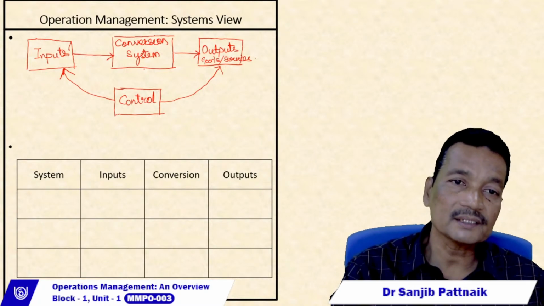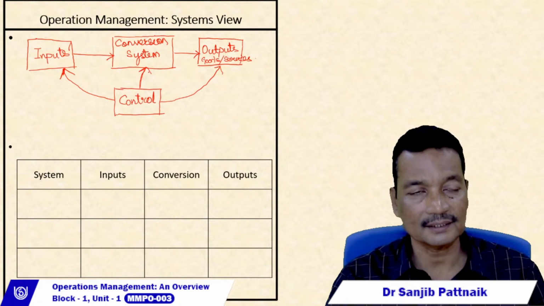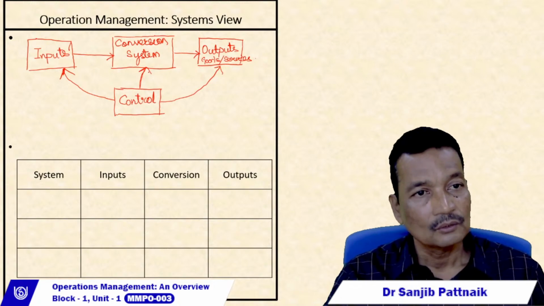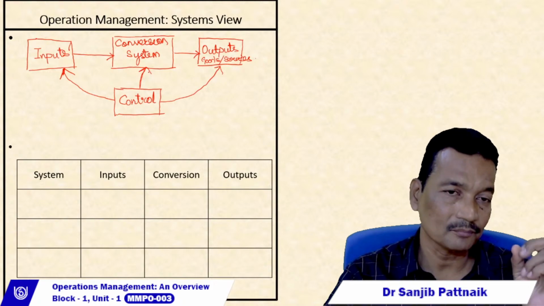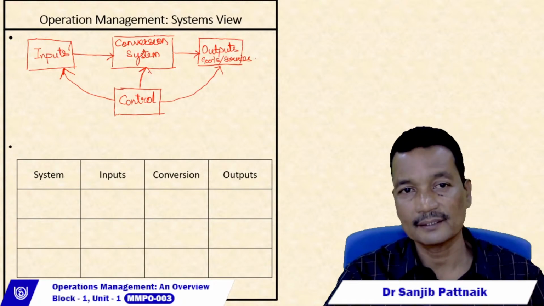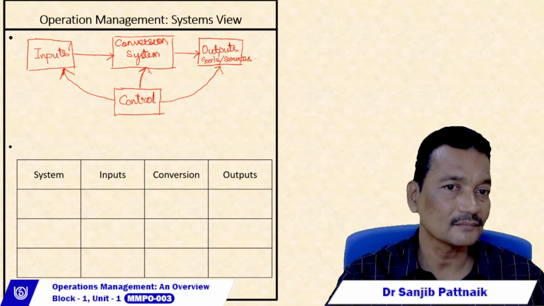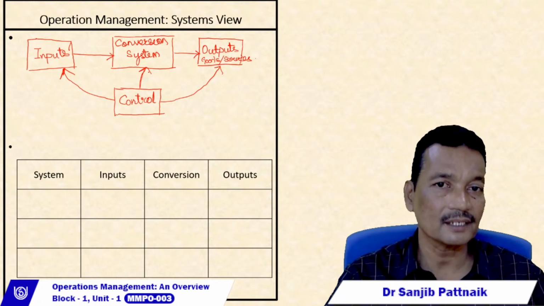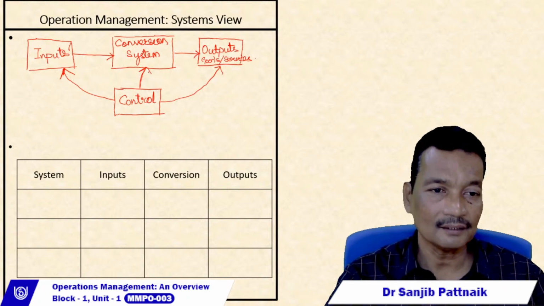How is our process working? Do we have a control on that? The answer is yes. So when we look at operation management as a system, this is the basic way. You put any goods or services into this particular diagram and we'll find the results.